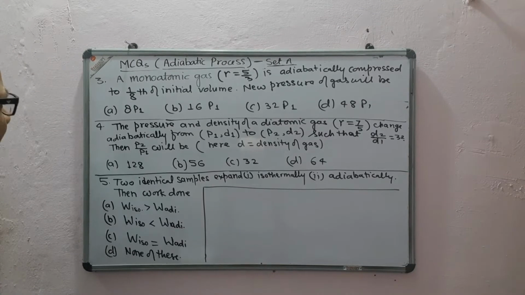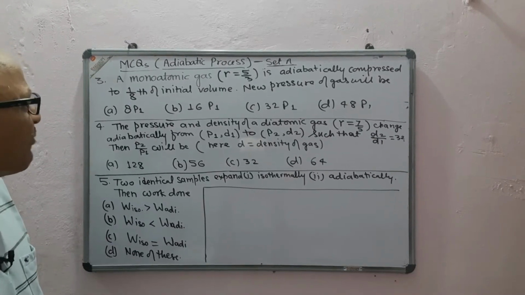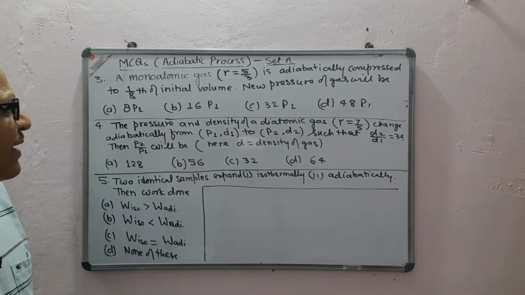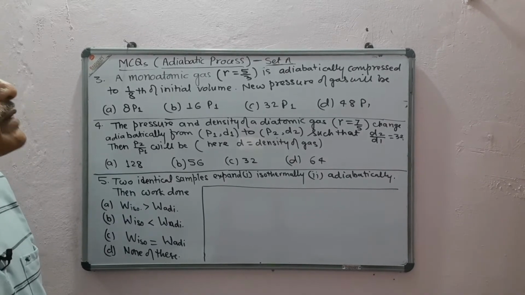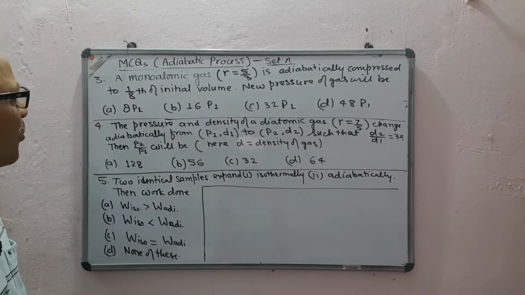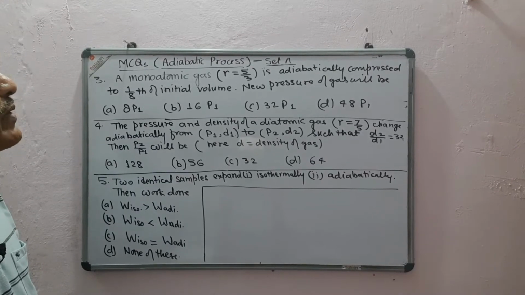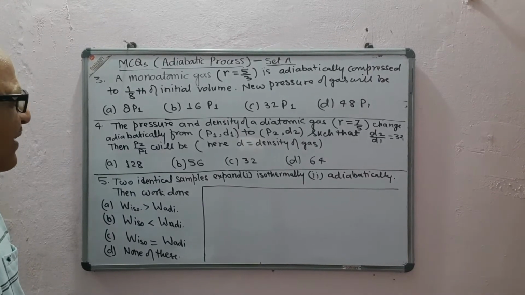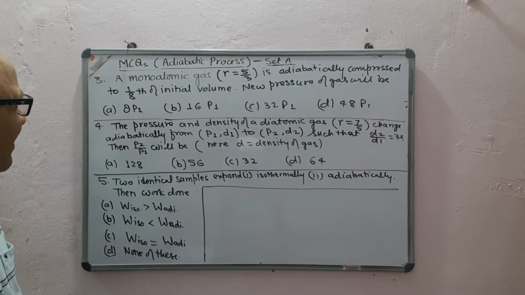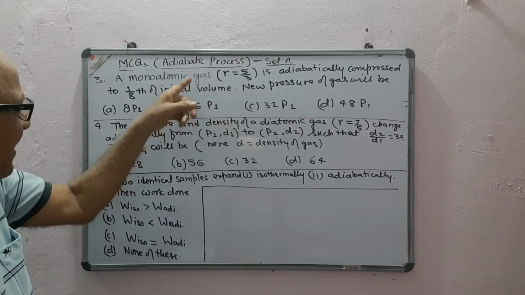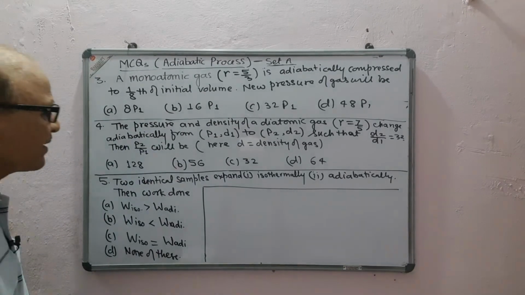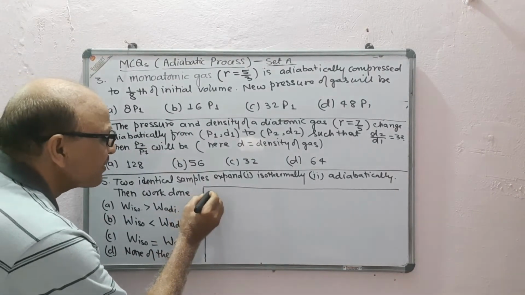Next question, third: a monatomic gas with gamma 5/3 is adiabatically compressed to 1/8 of its initial volume. The new pressure of the gas will be. Now here the pressure and volume relation may be used.